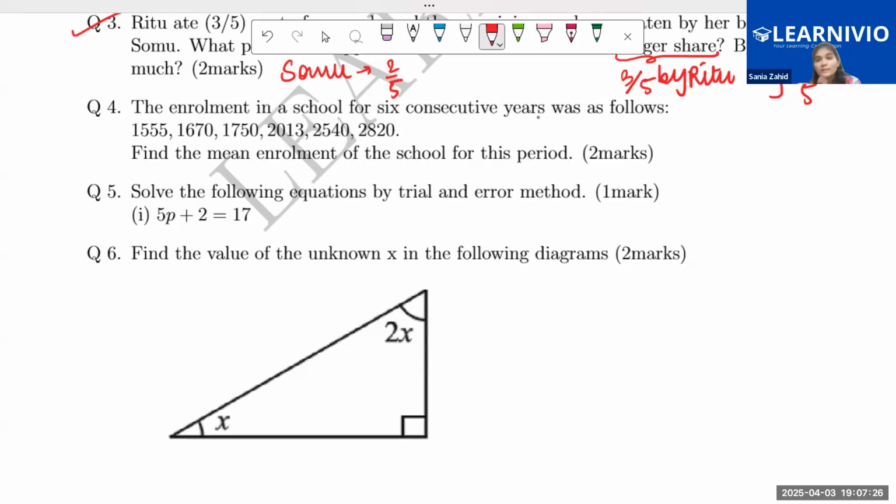So that means you have to calculate mean. Do you remember mean, median, mode? Sum of all observations by number of observations. Very good. You have to find the sum of all observations divided by the number of observations. So please divide it and tell me the answer. Okay.